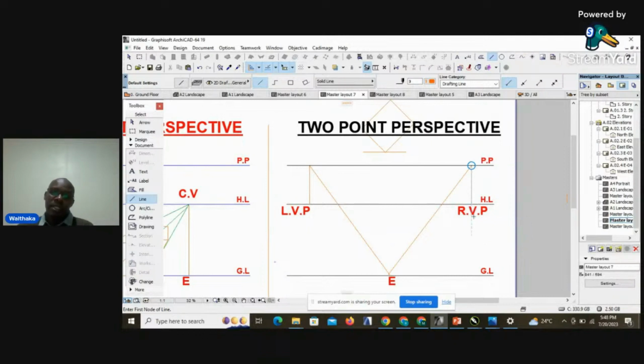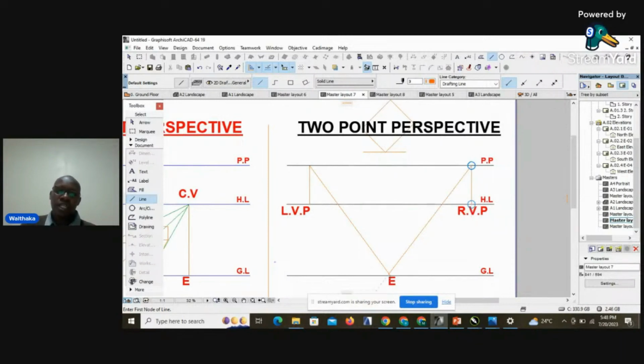Remember, it is a 2-point perspective, so we have the right vanishing point and the left vanishing point. So depending with the inclination angle of the plan, that is what we will use to generate our vanishing points. So for this case, assuming this angle is 45, then we'll draw a line from point E at an angle of 45 until it touches the picture plane, and then we'll drop it vertically down to give us the right vanishing point.